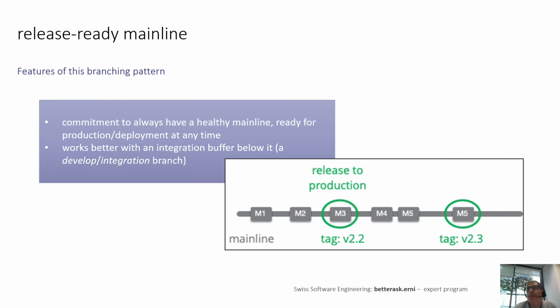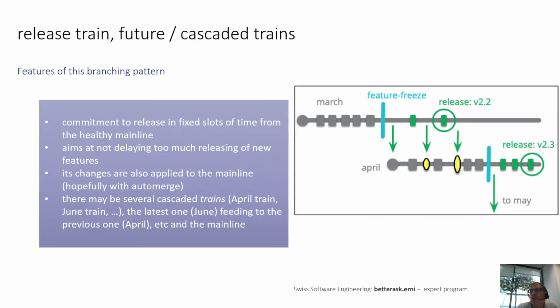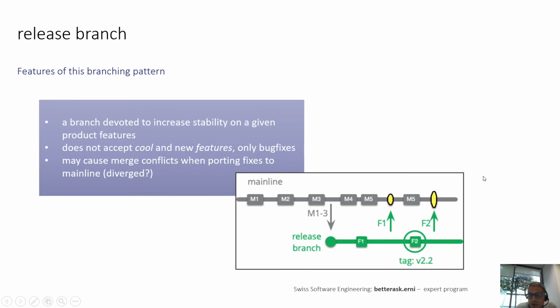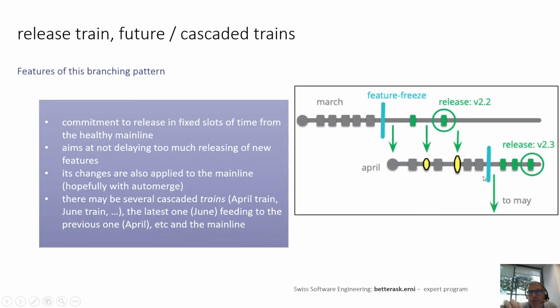Marine is asking, in this sense, is there a new main every month? No, the main is below here. The main would go here, and these are the release branches, the June release. So the main continues independently.